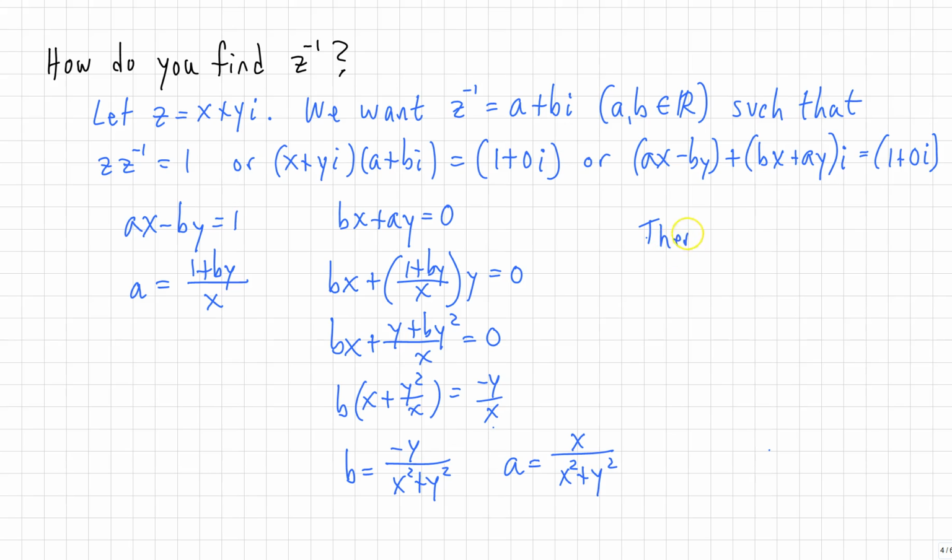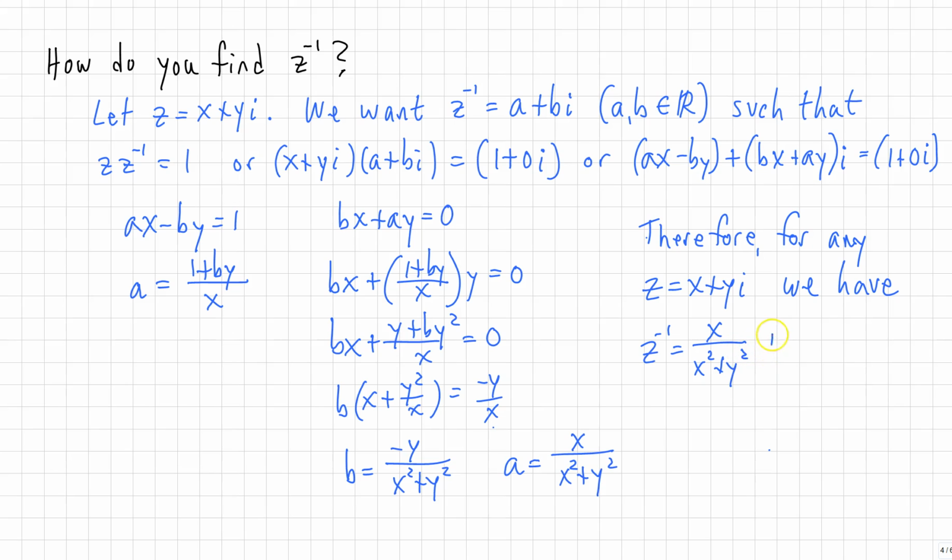So therefore, for any complex number, we now can come up with its multiplicative inverse as a plus bi. So now I have a little formula that can give me its multiplicative inverse.